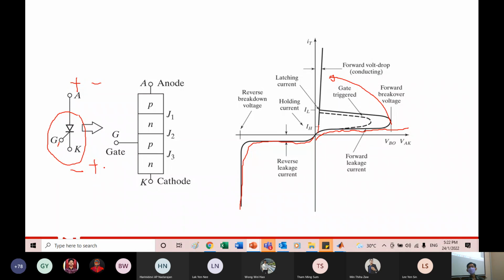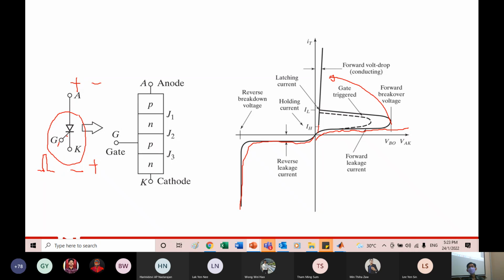All right. Any questions? The condition for turn on is you apply a small current or pulse at the gate. Then it will turn on.